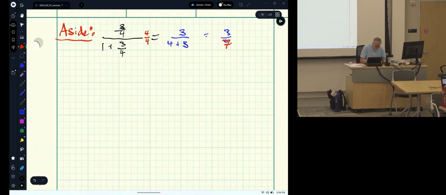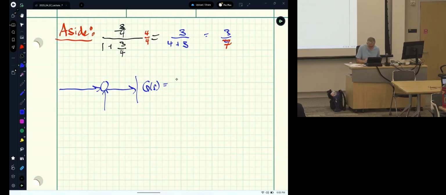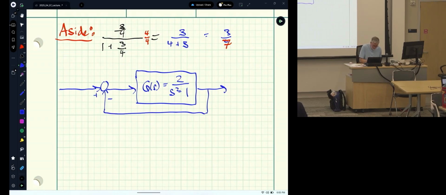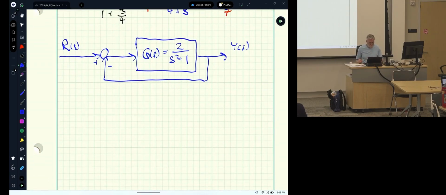So, let's do an example. Let's do g of s equals 2 over s squared minus 1. So we need to get through this, and then tomorrow, Wednesday, we're going to have fun.